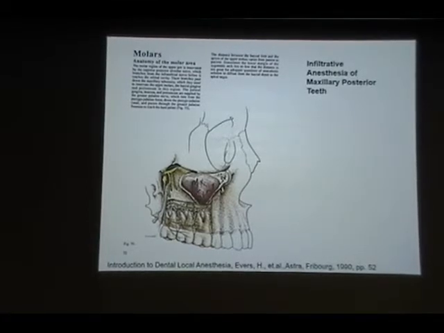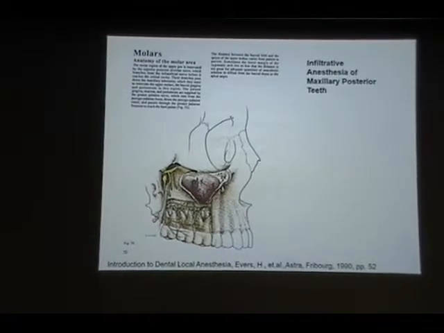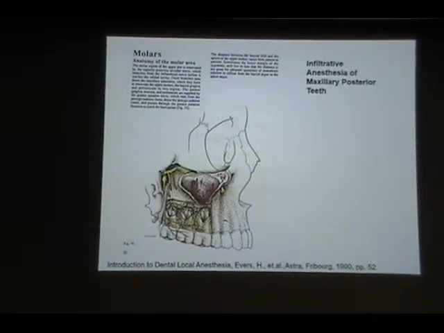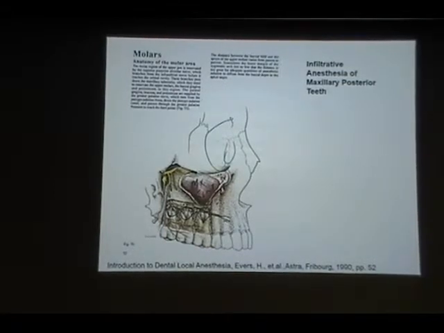So we're trying to inject around here, or around here. So when we bring the anesthetic syringe in this direction, we may bump into the zygoma right here. You'll be able to see that and feel that in the laboratory.